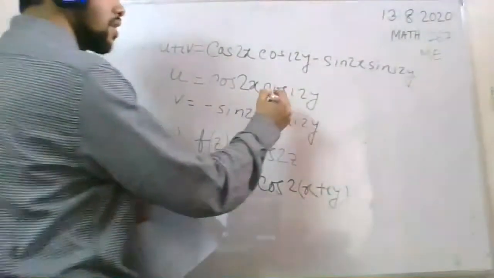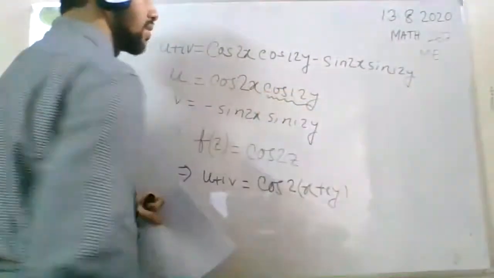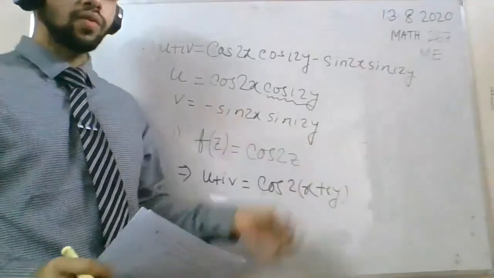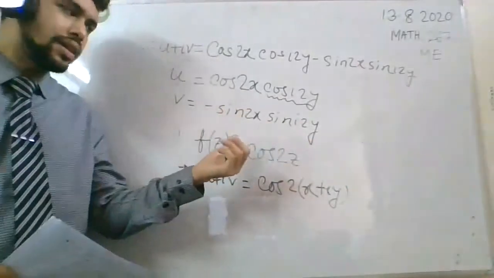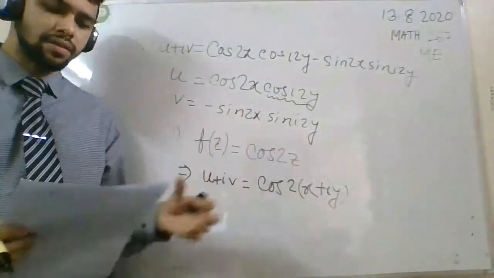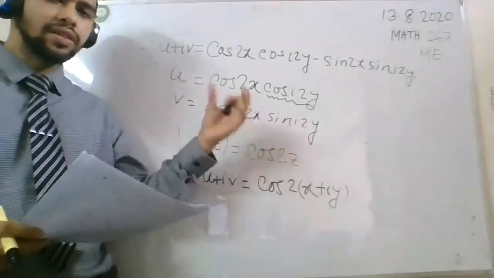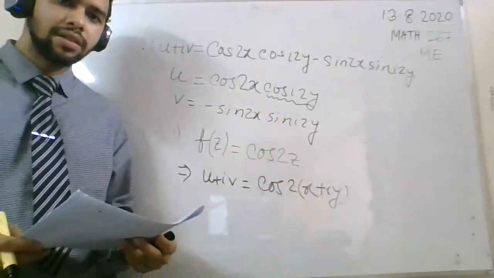Okay, now take a look here, which is cos 2iy and sin 2iy. We can change this into a hyperbolic function.